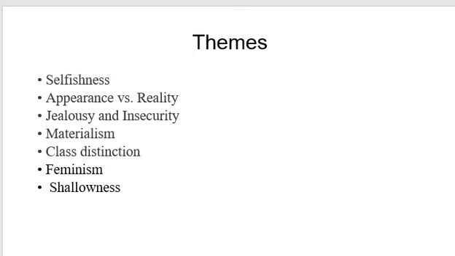Then materialism. The next theme is materialism. These two things have been discussed explicitly in the text of Mansfield. Rosemary could be seen chasing material objects throughout the text.